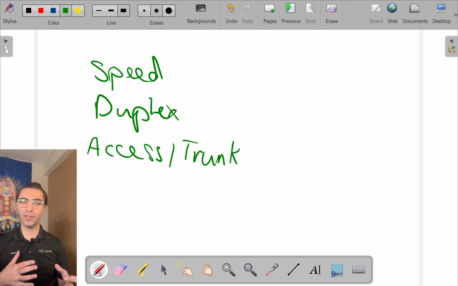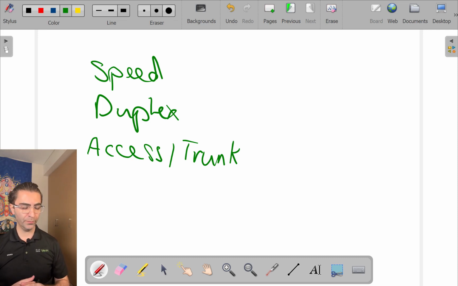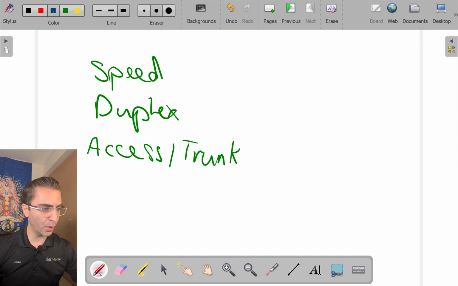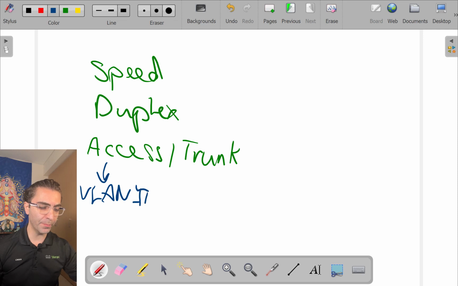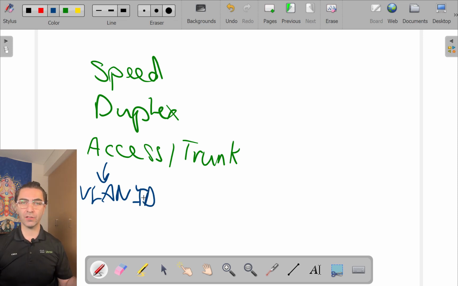So you cannot have a combination of these two port modes. And also, if you are in access mode, your VLAN ID should also be the same. You cannot have interfaces with different VLAN IDs in a single port channel.